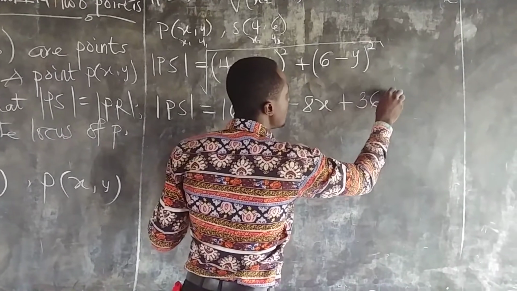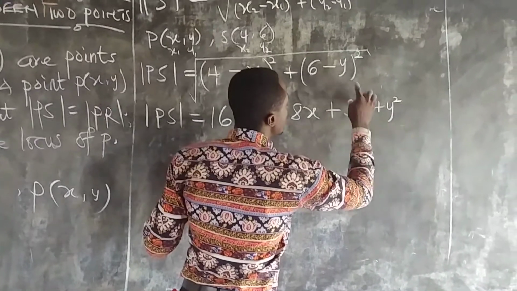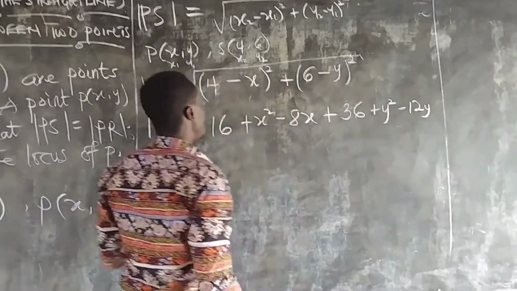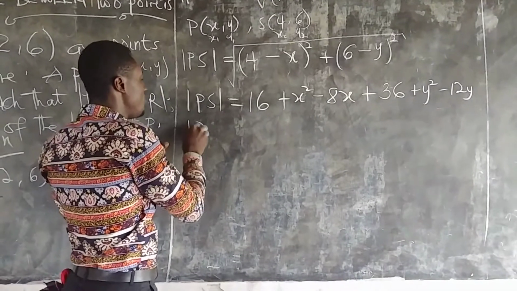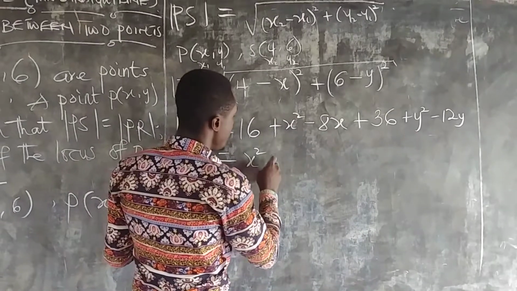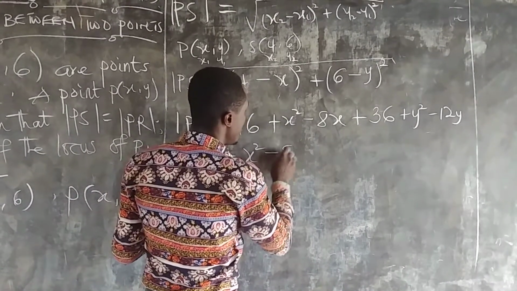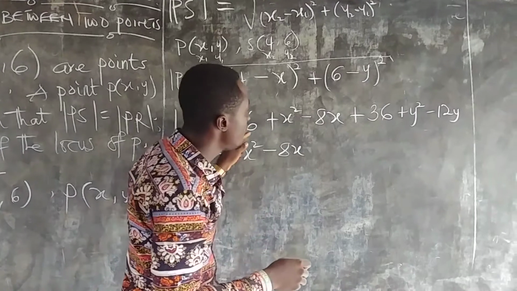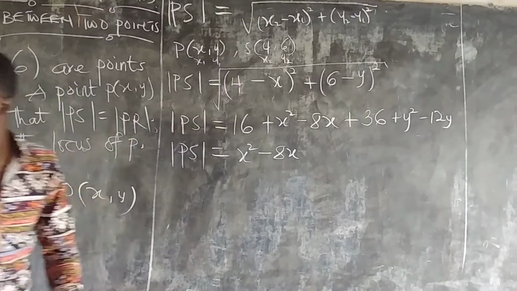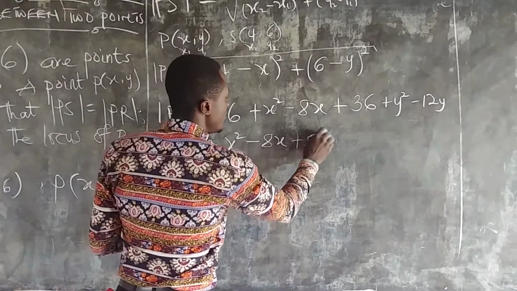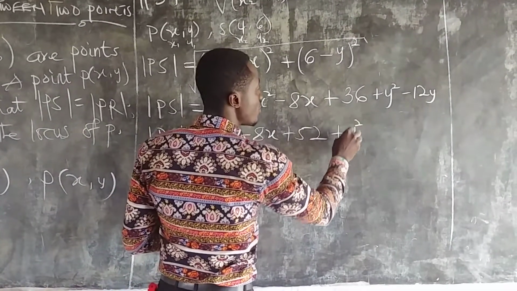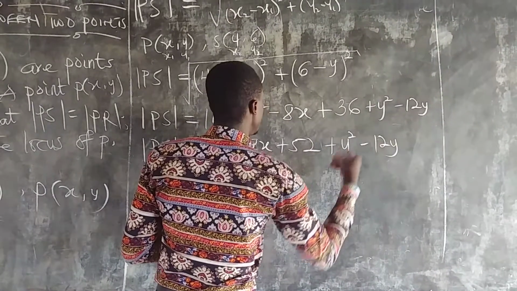Y squared will give us plus y squared, then 2 times 6, 12, so minus 12y. So the length of PX is equal to the square root of x squared minus 8x, 16 plus 36 will give us what? So plus 52, plus y squared minus 12y.